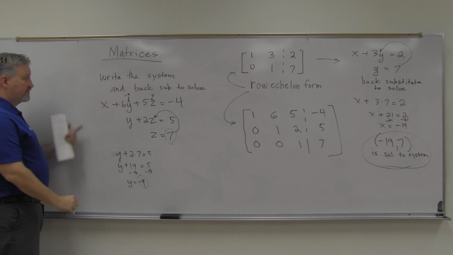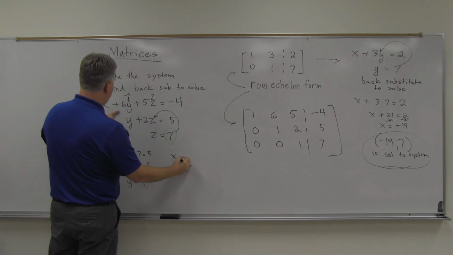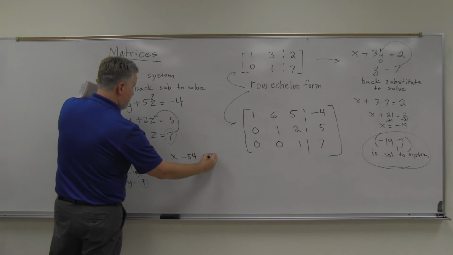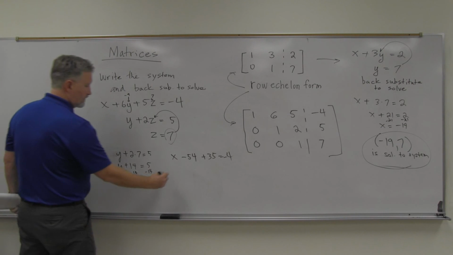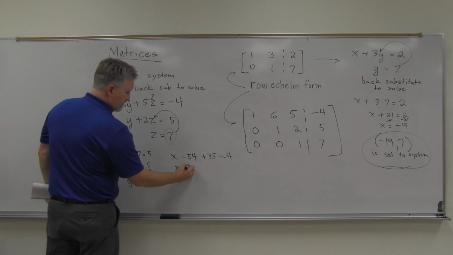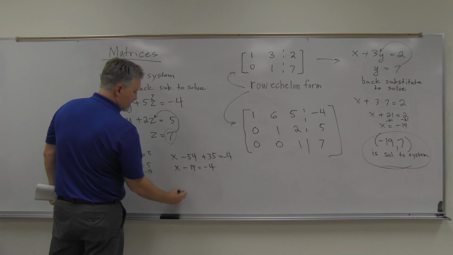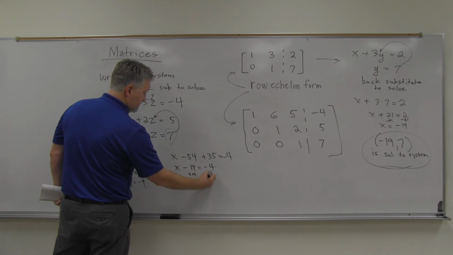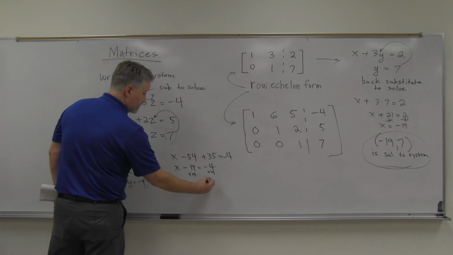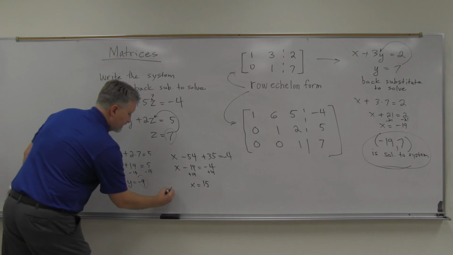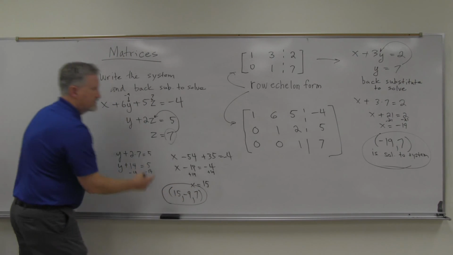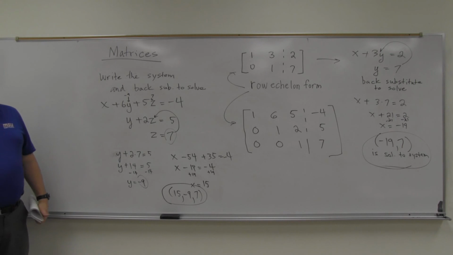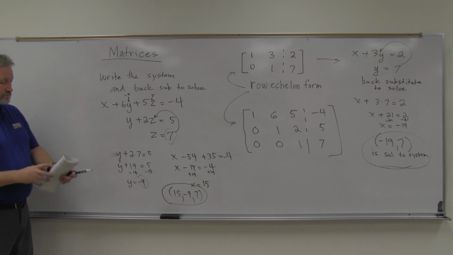So I plug those into the first equation: x minus 54 plus 35 equals -4, which is x minus 19 equals -4. So it looks like x is 15. You got that? So we've got 15, -9, and 7. That would be the solution to this system or whatever system it's linked to. Okay?